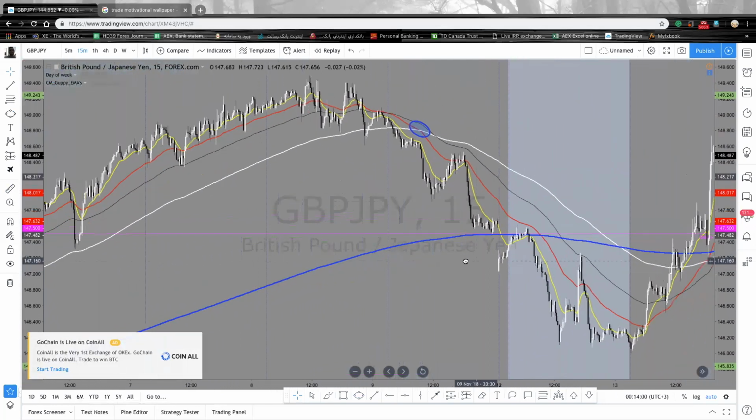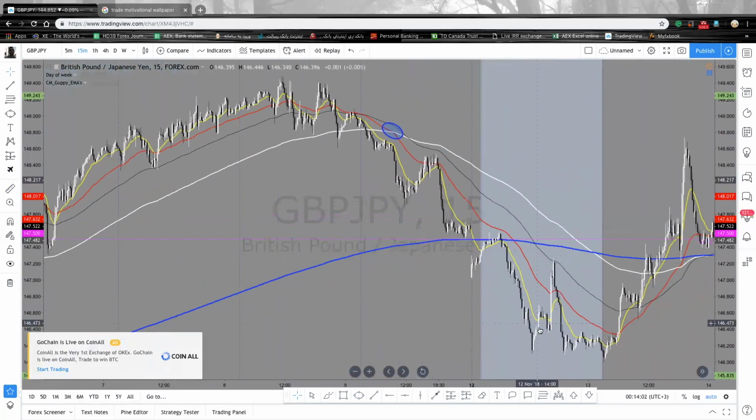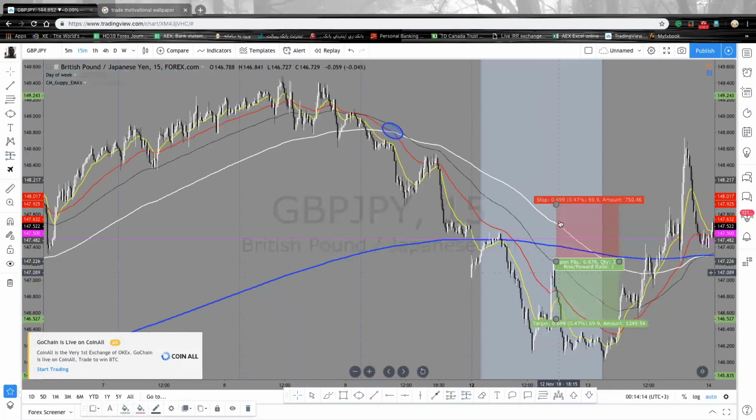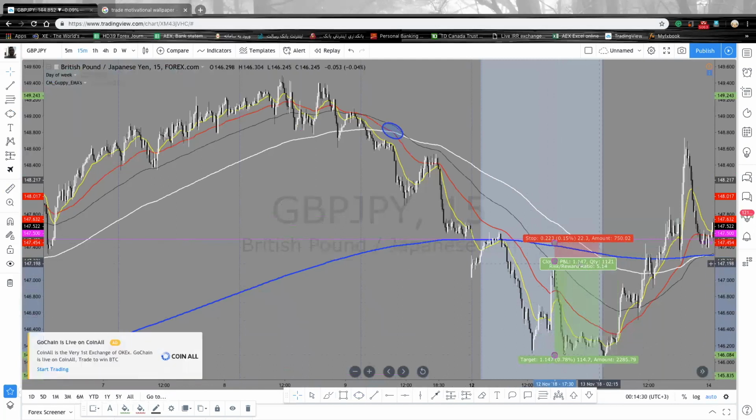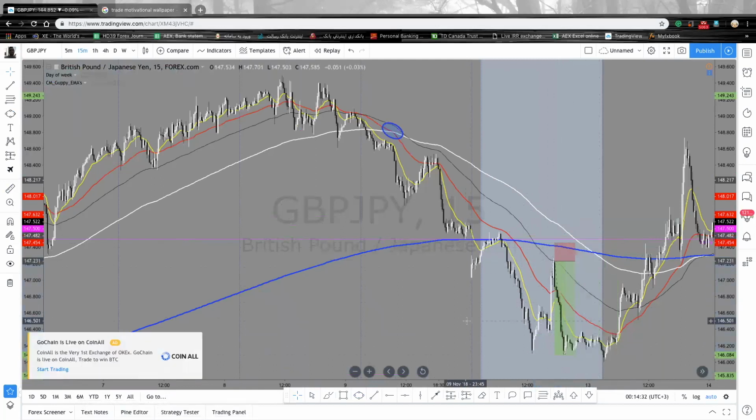But they did come down here, went up to the 100 moving average, and then we caught this sell right here on the GBP CAD, which is a kind of same cross. I had my stop loss, I think 15 to 20 pip above this 100 average, and we got 100 out of this 114 pip.